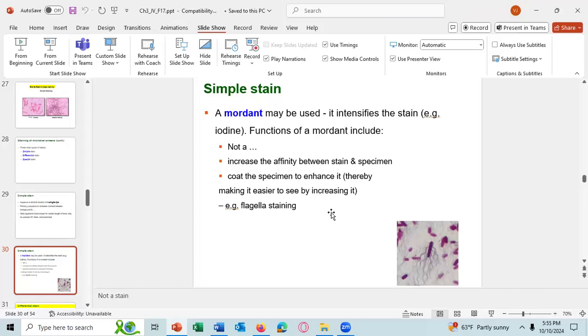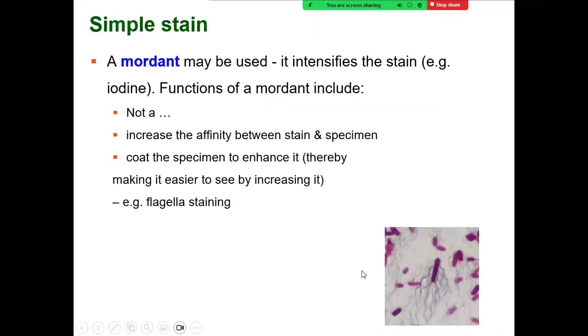A mordant can also simply coat the specimen, enhancing it, thereby making it much easier to see. For example, let me blow this up. Here we're staining the cells and then applying a mordant, coating the cell, and actually you're applying the mordant several times. What it does is it puts many layers down so that you can see the flagella on the cell.